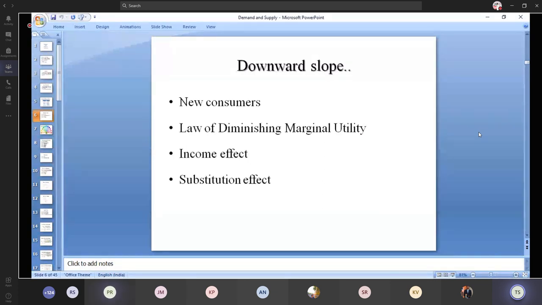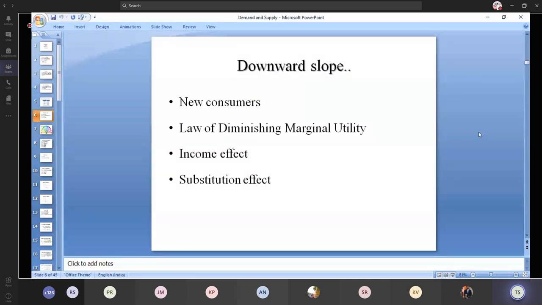Normally it will increase, because when the consumers are more and more, the quantity demanded will increase. They will demand more and more commodity. So while the consumers demand more and more commodity, automatically the price of that commodity comes down. So if one increases, the other decreases, which brings out the negative relationship.